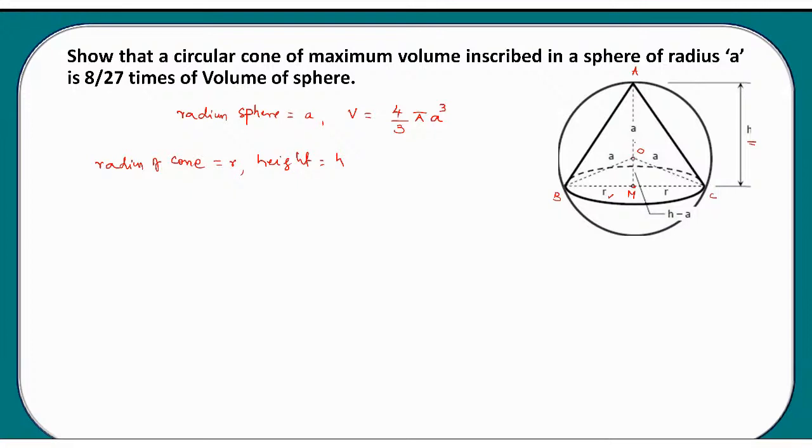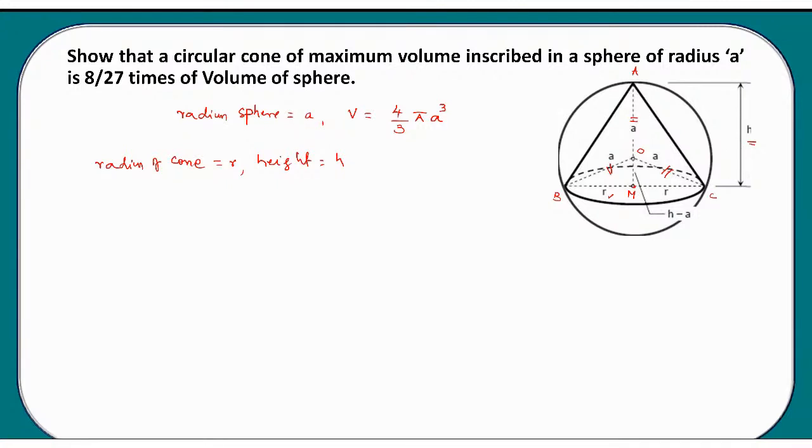Here we know OA equals OB equals OC equals the radius of the sphere, that is A units. And we have considered AM is H units, which is the height of the cone.